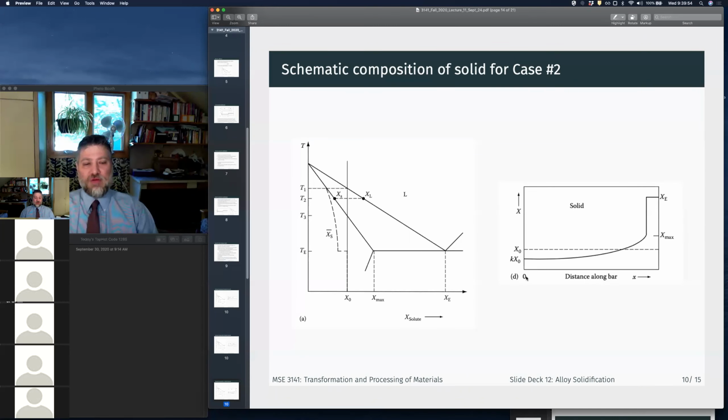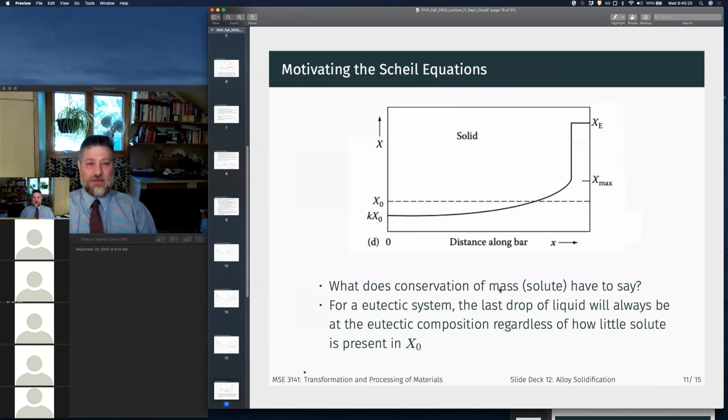And zone refining was how they did that, right? We'll talk about it in detail, but it's all built on this idea that the first solid that freezes is going to be more pure than the average composition, right? So maybe start thinking about this here.